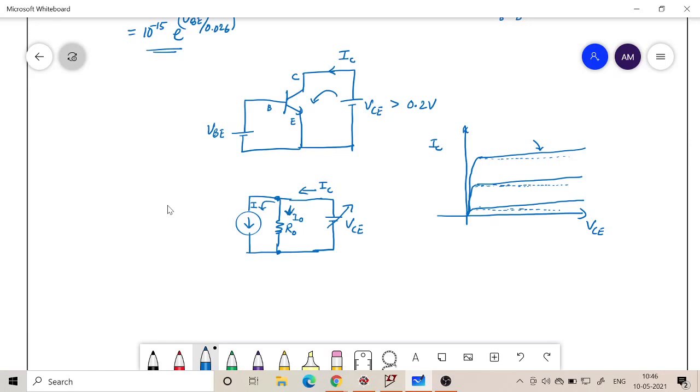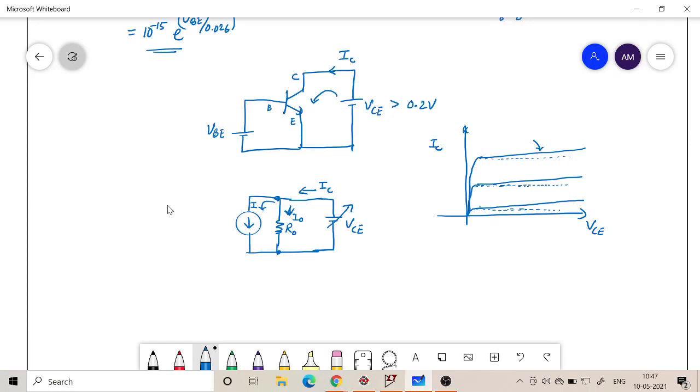This is a model. We are modeling the output side of the above circuit. Earlier we said we may approximate it as a current source, but now, since we have seen the practical characteristics, there was a non-zero slope, and therefore we should not consider it as an ideal source, but an ideal source in parallel with an output resistance, and together this will be a practical current source. Any practical current source is going to have an R0 across it.